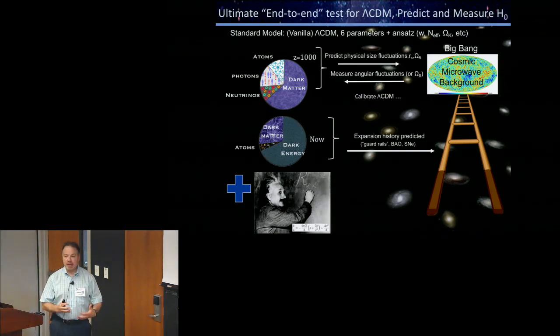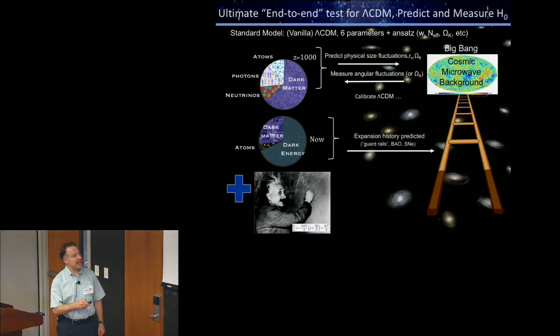Of course, it's dominated by these dark components, 95% of the universe, with physics that we don't totally understand. However, we make some simplistic assumptions about those, and then we use this form of the model as it looked before recombination to predict the physical size of fluctuations in the plasma, including, most importantly, the sound horizon, but also omega baryon.